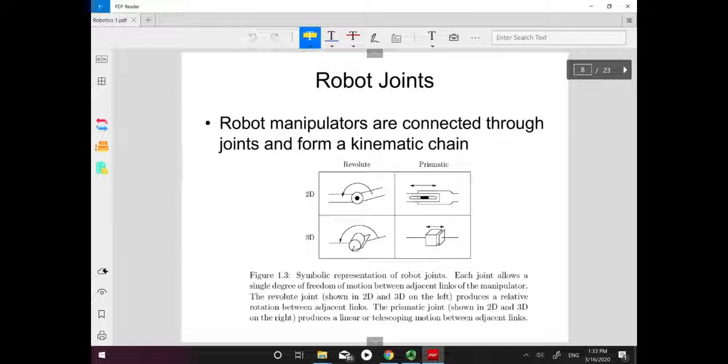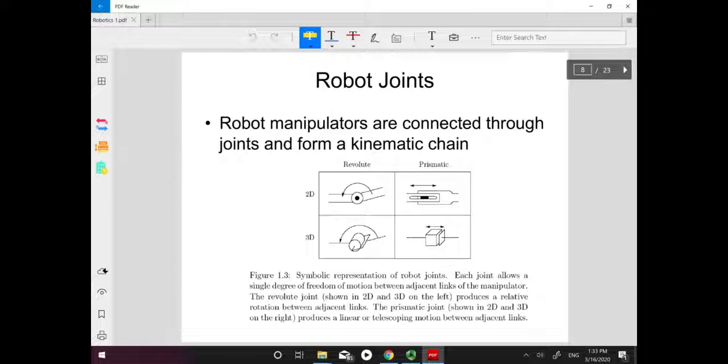Actually, in our robotics analysis, we always use this cylinder and this cube to represent robot joints. Okay, so the robot manipulators, and what are manipulators? Later we will show some examples.